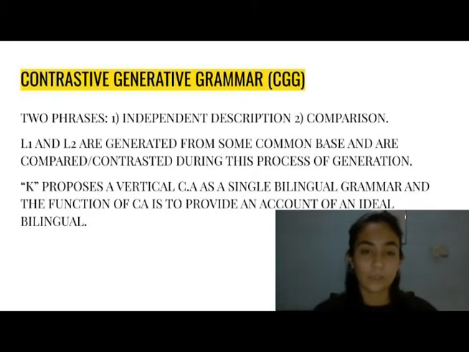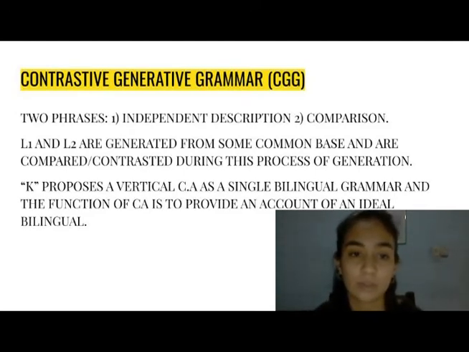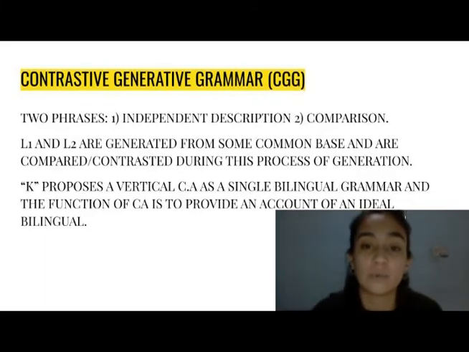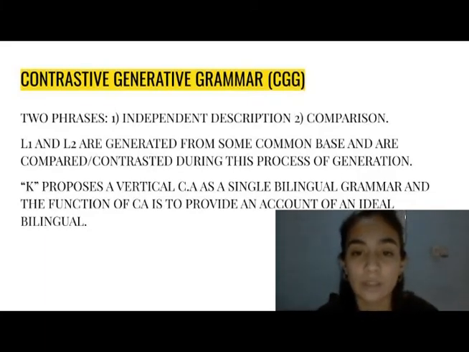Okay, as we considered two models which suggest a comparison by means of which each of the two languages involved in the CA is treated, now we are going to analyze contrastive generative grammar. We can say that the CA seems to involve two phases.